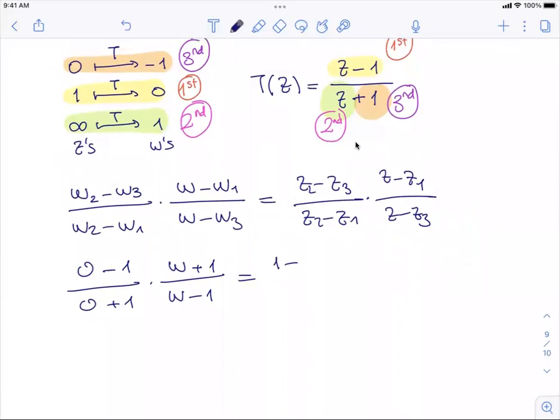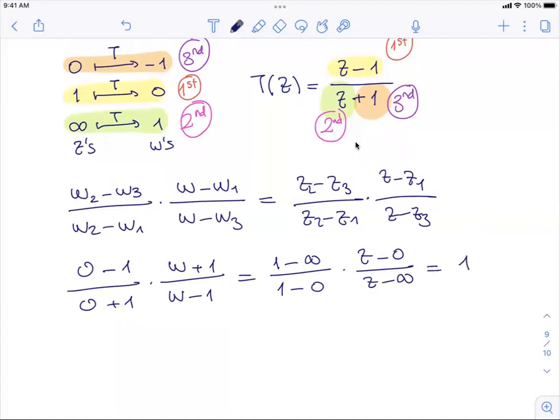So this is 1 minus infinity. Don't get alarmed. Z2 is 1 minus 0. And here we have Z minus Z1, which is 0. Z minus Z3, which is infinity.